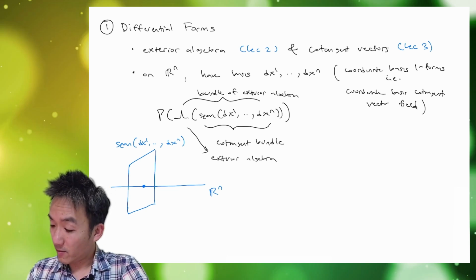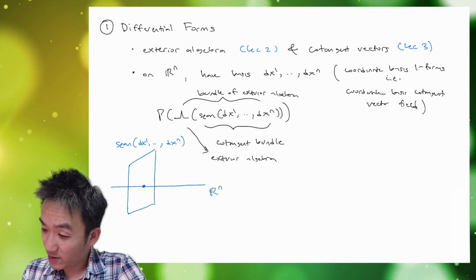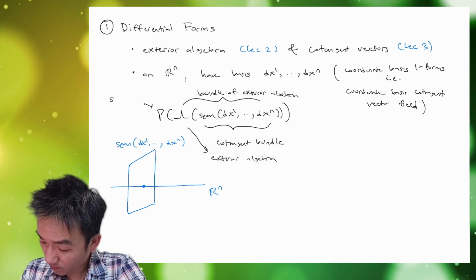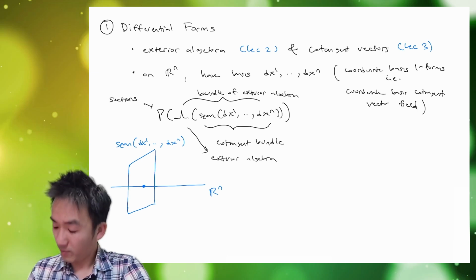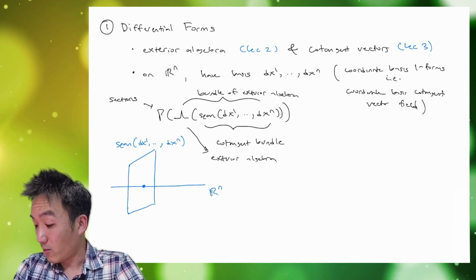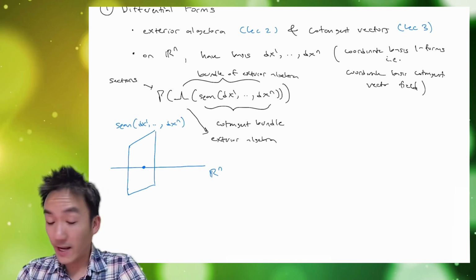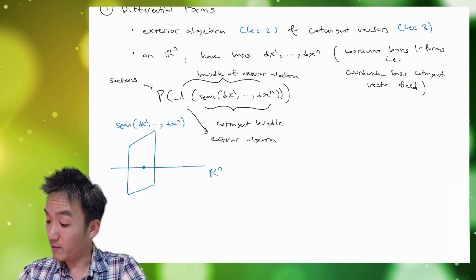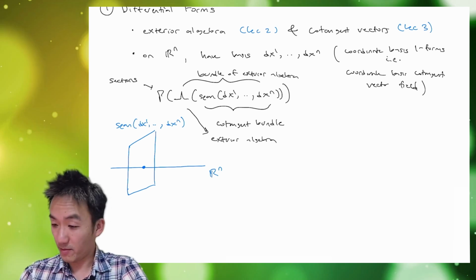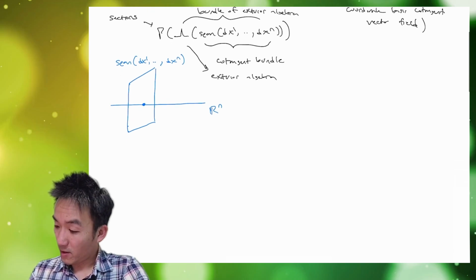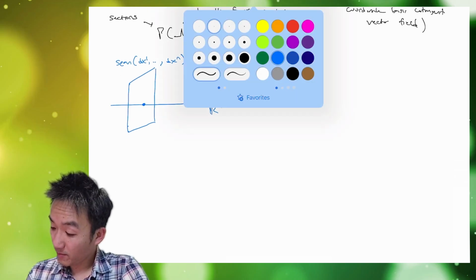And then finally, this gamma here is what's called sections. So by section, I simply mean that I'm going to pick out an element from this bundle of exterior algebras at every point.